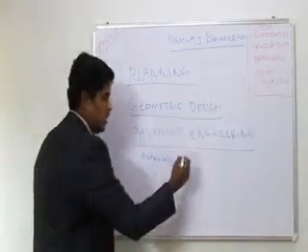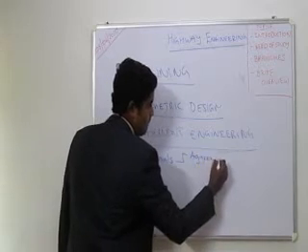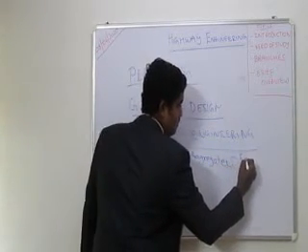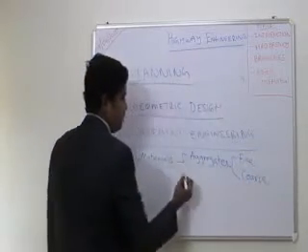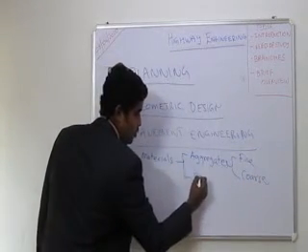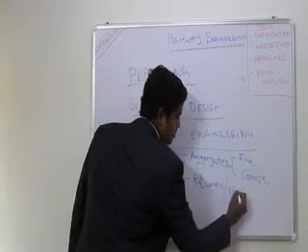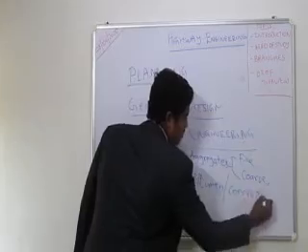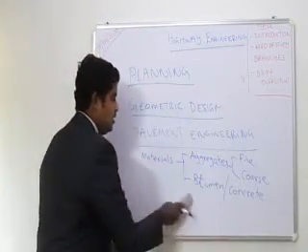Mostly we will be concerned with the aggregates, which may be fine or coarse, and then bitumen or concrete and cement, all those things. These are all concerned with the materials.